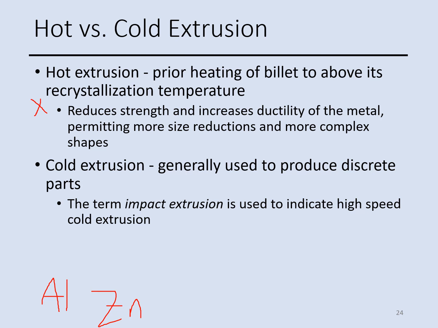Cold extrusion, on the other hand, is generally used to produce discrete parts. Sometimes we use the term impact extrusion, which is used to indicate a high speed cold extrusion process.